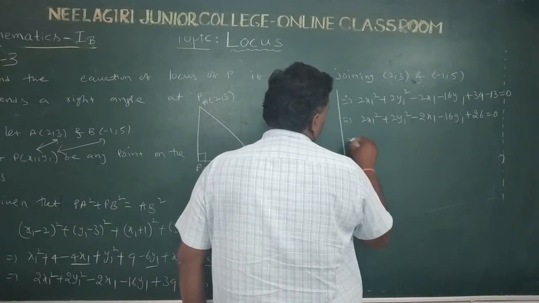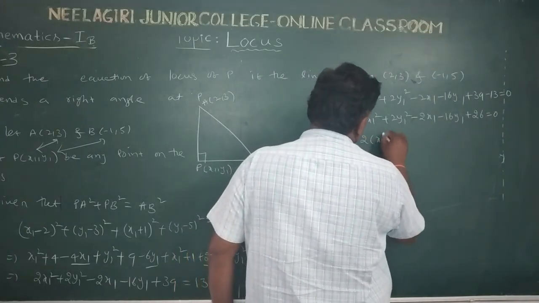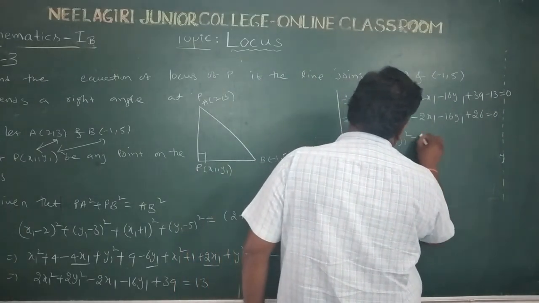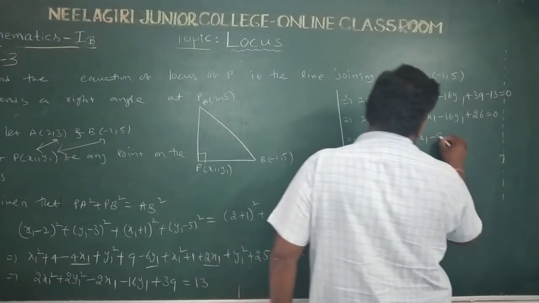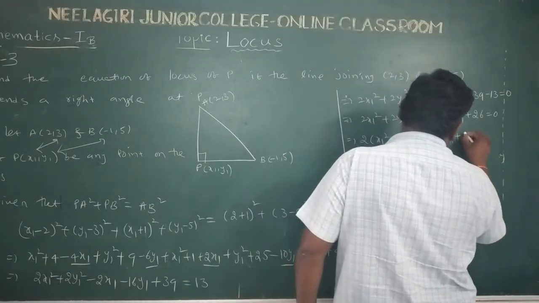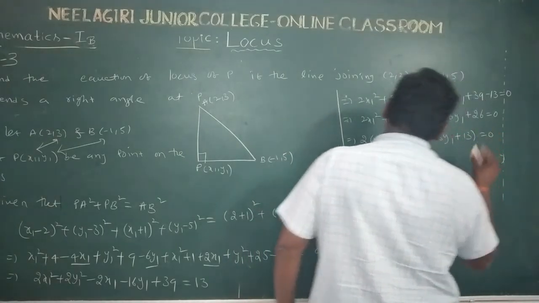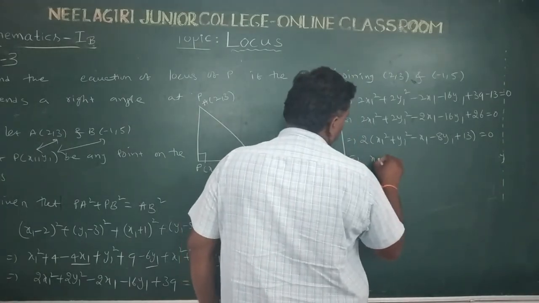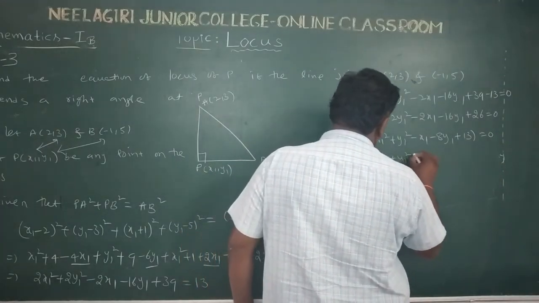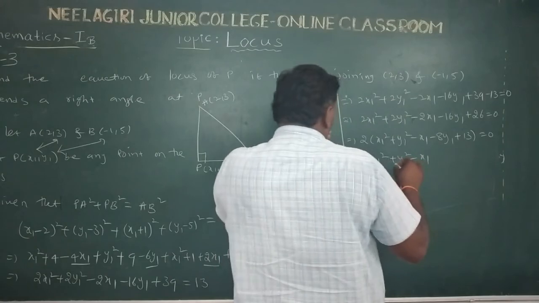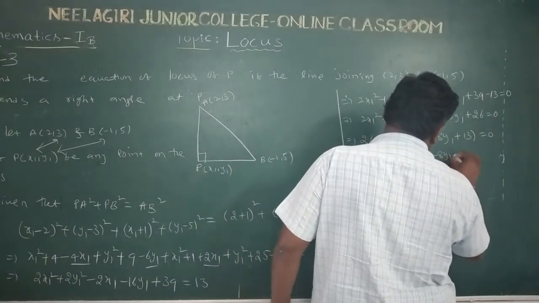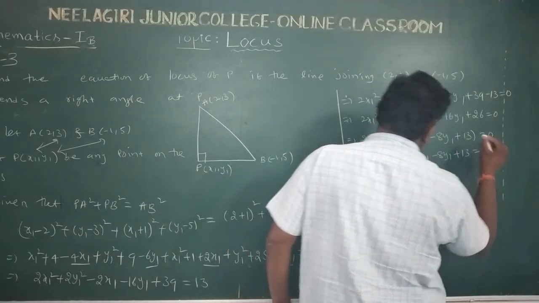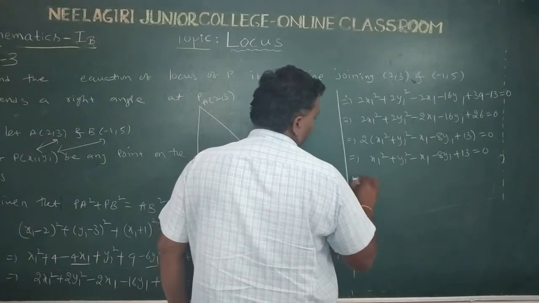The 2 is common. x1 square plus y1 square minus x1 minus 8y1 plus 13 is equal to 0.